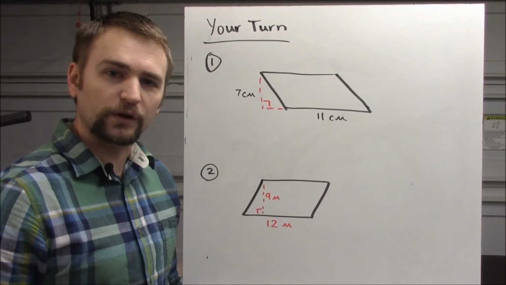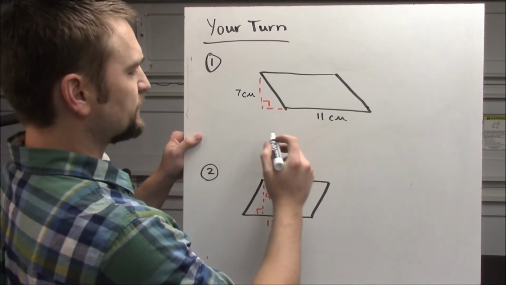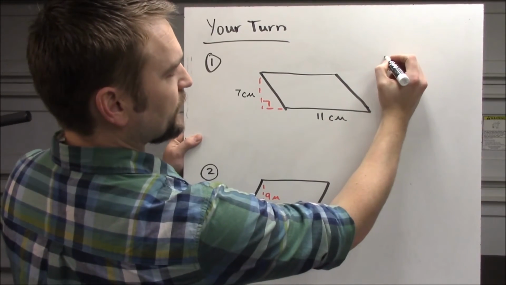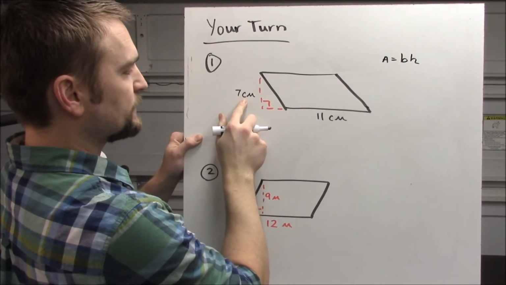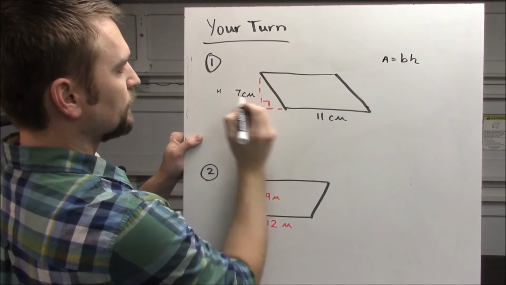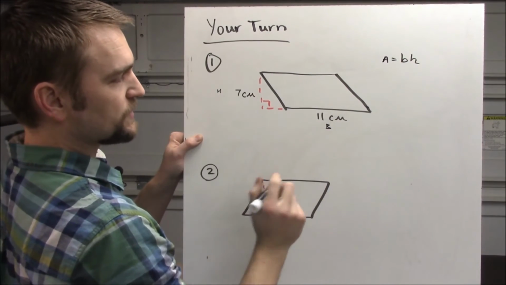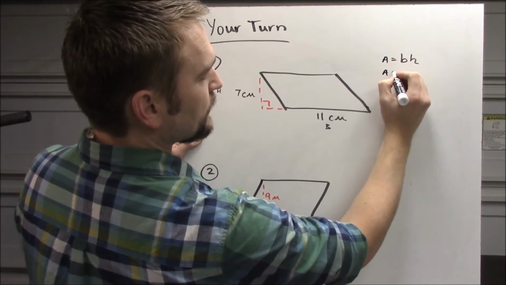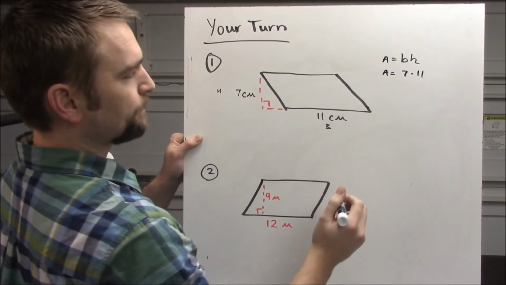All right, welcome back. Let's go ahead and work through these problems. So we have the area equals base times height. In our problem, the height is 7 centimeters and the base is 11 centimeters. So area equals 7 times 11.